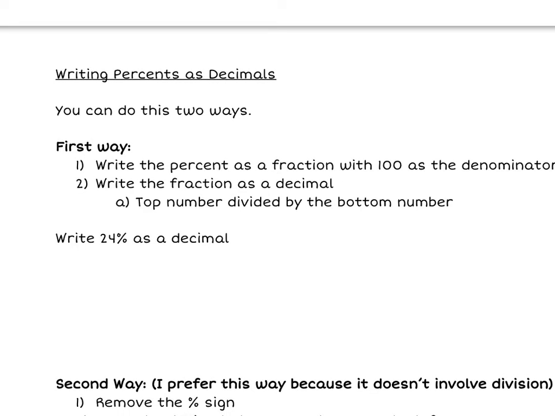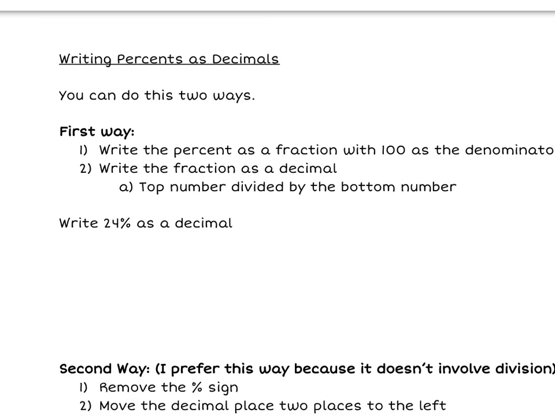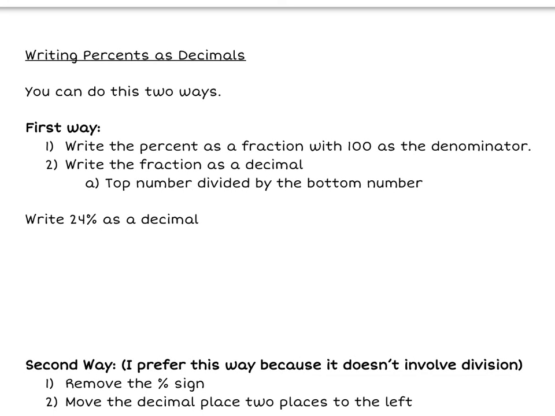When we have percents, we can also turn them into decimals. There are 2 ways to do it. I prefer the second way, but I'll show you the first way. First way, write the percent as a fraction with 100 as the denominator.